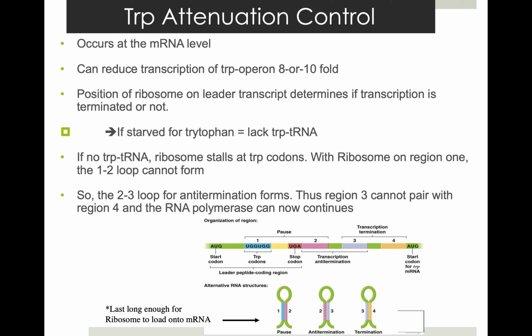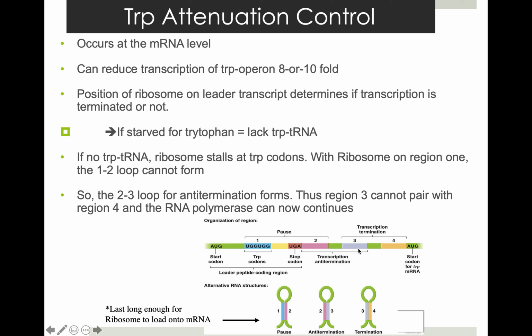If there is no tRNA, the ribosome will stall at the Trp codon at repeat 1. With the ribosome on region 1, loop 1 and 2 could not form. So loop 2 and 3 will form, and this is a form of anti-termination.